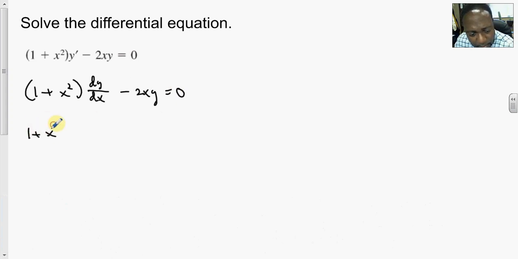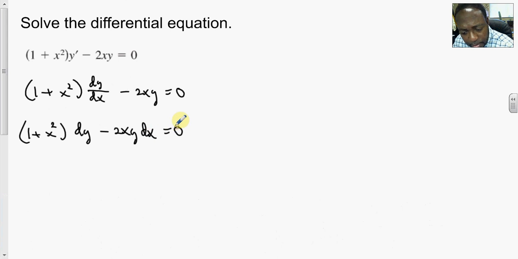We get 1 plus x squared times dy minus 2xy dx is equal to 0. Now, notice that this dy here is associated with 1 plus x squared. They're unlike terms. And this y is associated with the x and the dx.